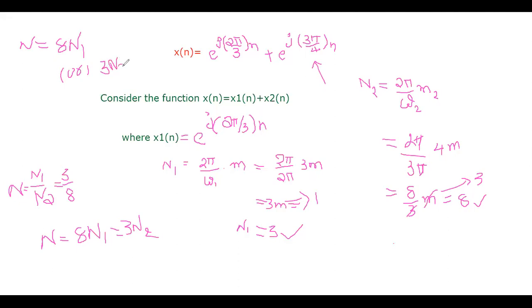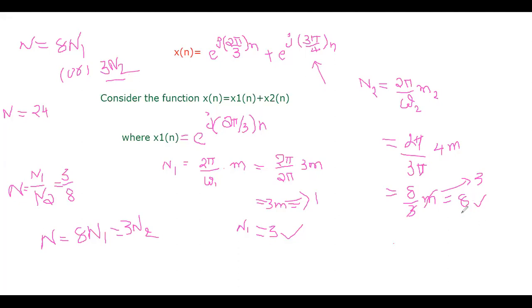Now let us verify how this condition is going to be valid. So capital N is equal to, now first I am substituting n1, what is the n1 I am getting here? 3. So 8 multiplied by 3 means 24. Now you please verify that 3 into n2.